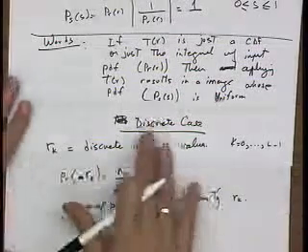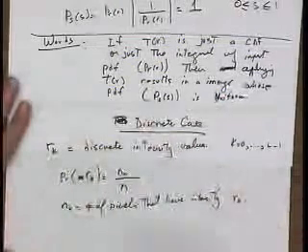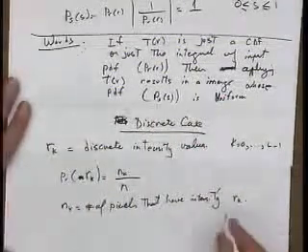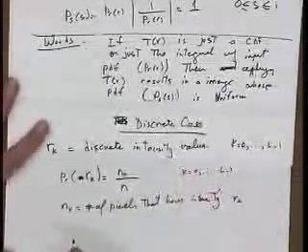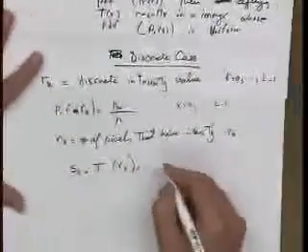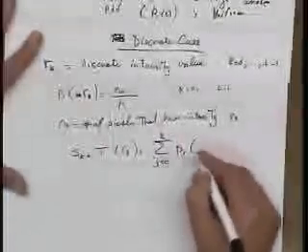Anyway, in the case that r sub k is the discrete intensity values and n sub k is the number of pixels that have intensity r sub k, and n is the total number of pixels, with k ranging from 0 to L minus 1, what we have now, s sub k, is the transformation of r sub k. Instead of being the integral of the PDF for r, it's the summation from j equals 0 to k of p sub r taking on the value r sub j.